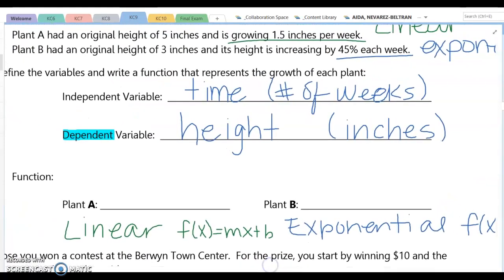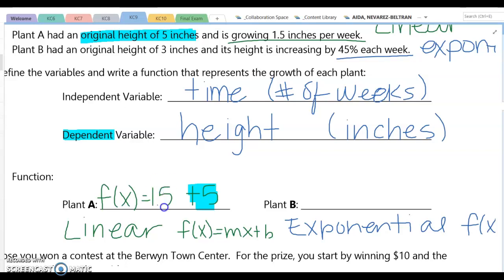So the linear one started at 5 inches, original height of 5 inches, and then is growing 1.5 inches per week.